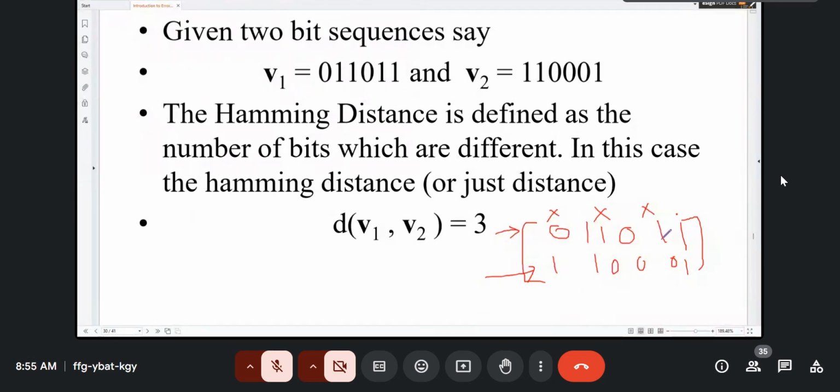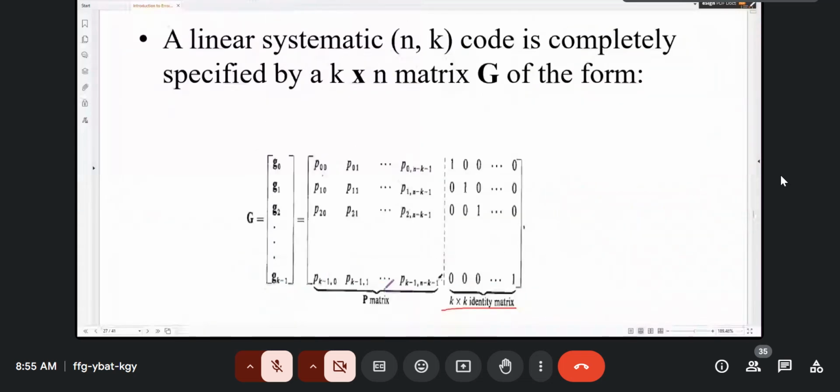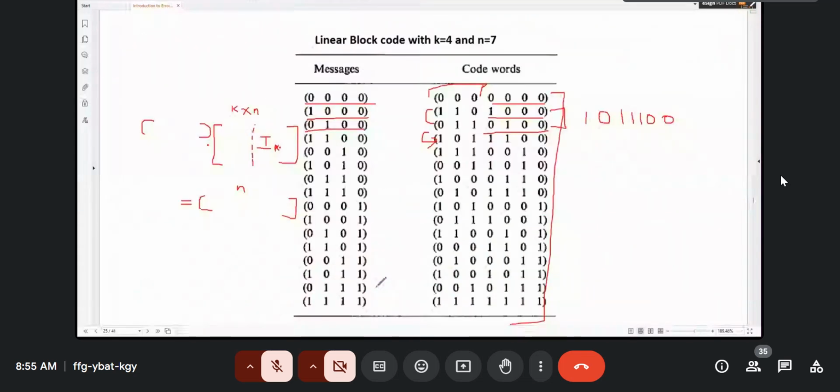So Hamming distance is very important. And I'll tell you why it's important. You see, to detect errors, it means if there's an error, what you have received is none of these.